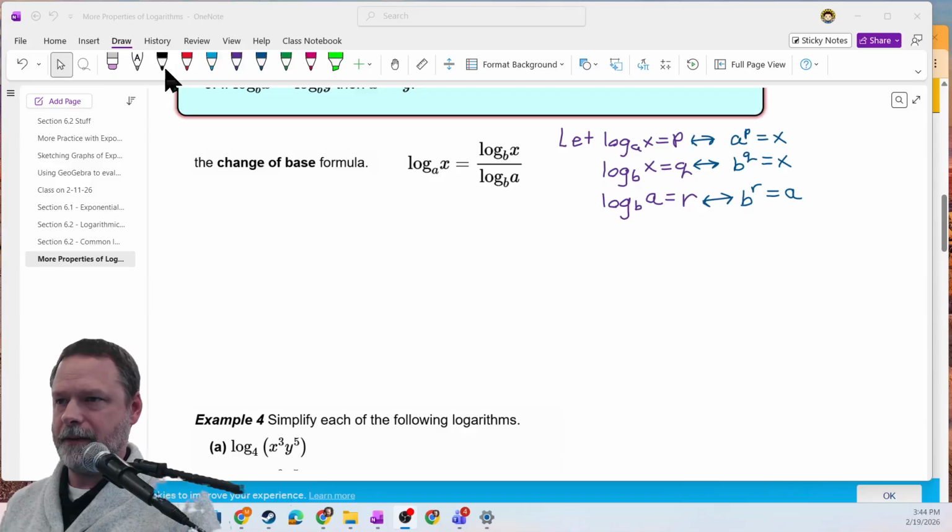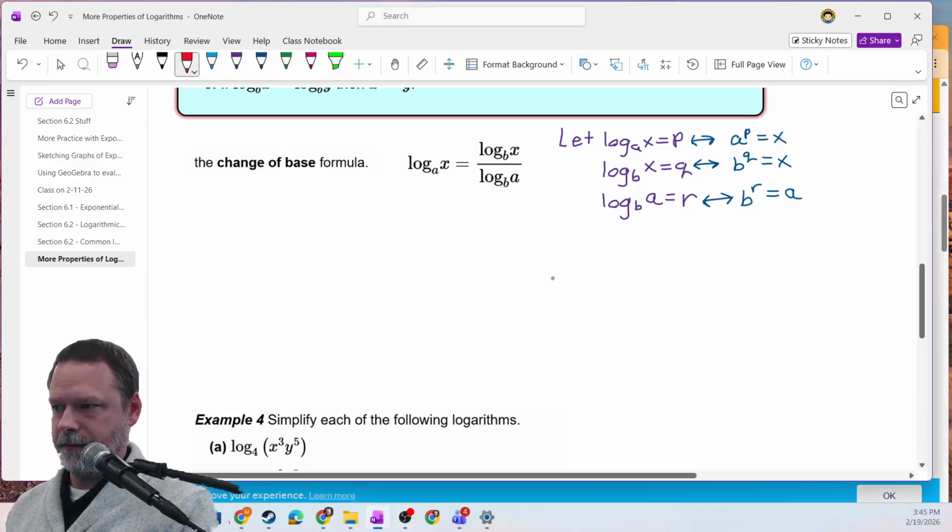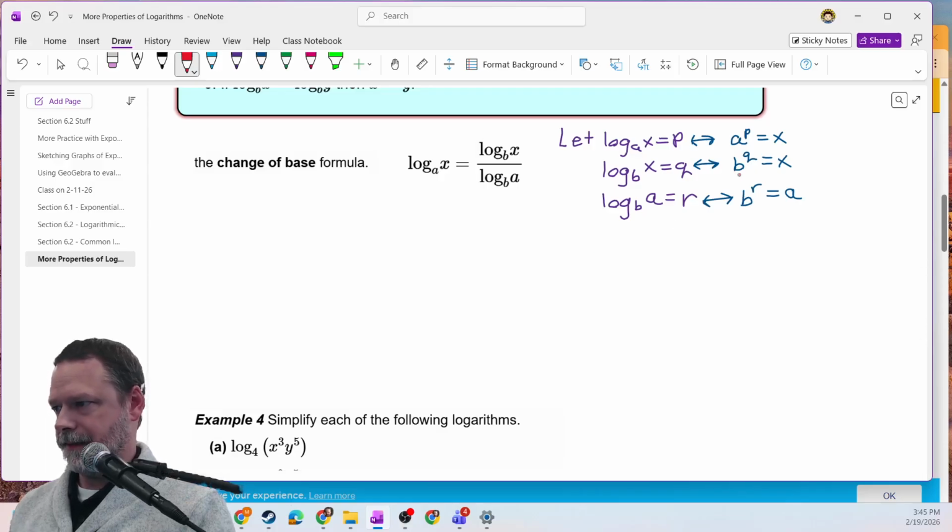All right, so now let's play with this and see what we can come up with. We can see that b to the q equals a to the p. They both equal x. So a to the p equals b to the q. That's good to know.